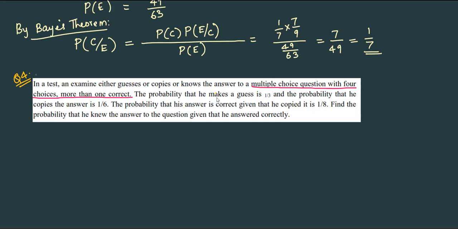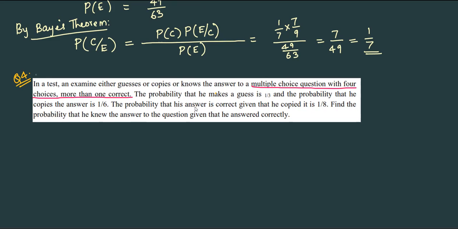The probability that he makes a guess is 1 by 3. Probability that he copies the answer is 1 by 6. And probability that he knows the answer is not given.